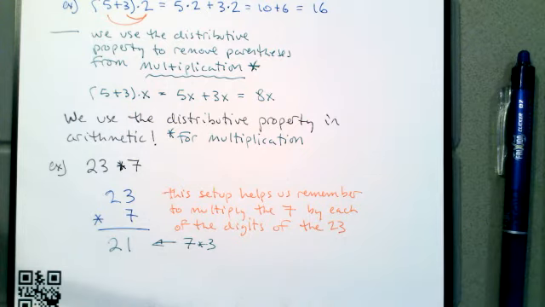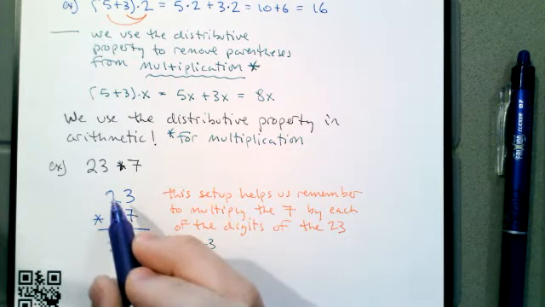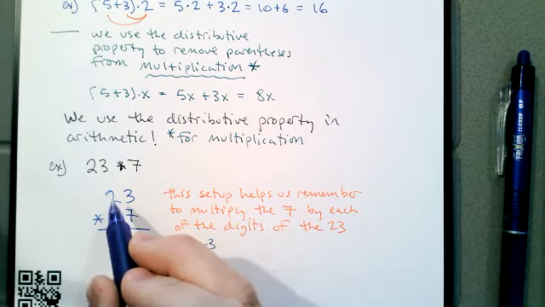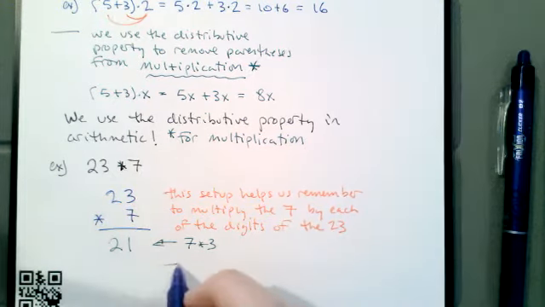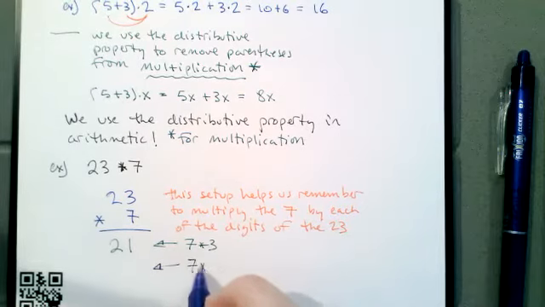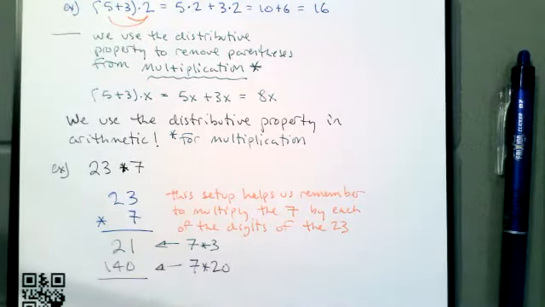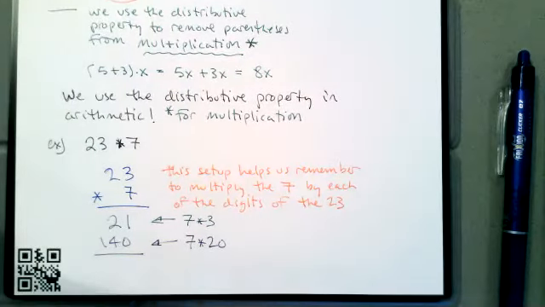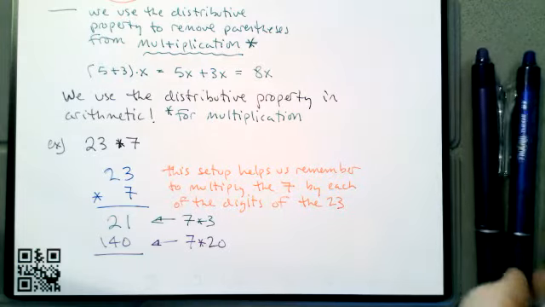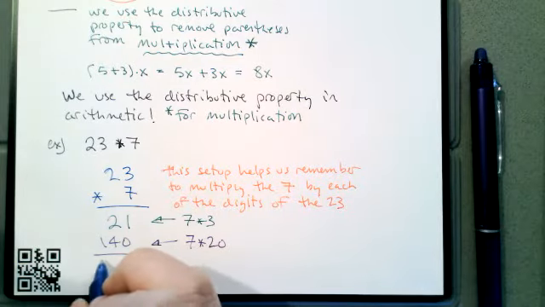You're doing the same thing. But I want to do the 7 times 3 is 21. Then I'll do 7 times the 2, but that's not a 2, that's a 20. 7 times 20 is 140. Because 7 times 2 is 14, then drop a 0 on it. And then when we add them up, we get our total of 160 something.